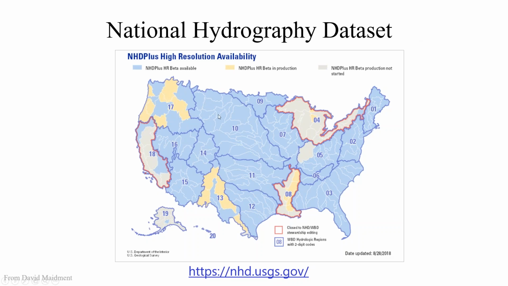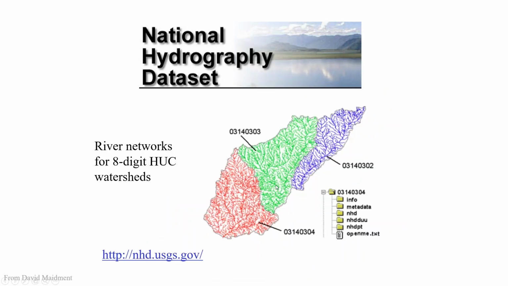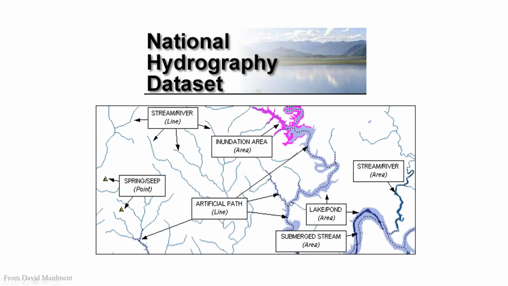And we'll work with some of this data that you can actually download from the national map, so you get familiarity with that. Here you can see with quite incredible detail how some of the streams are represented within 8-digit HUC watersheds.